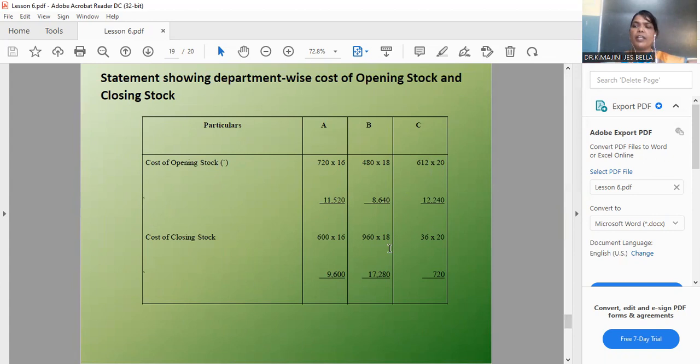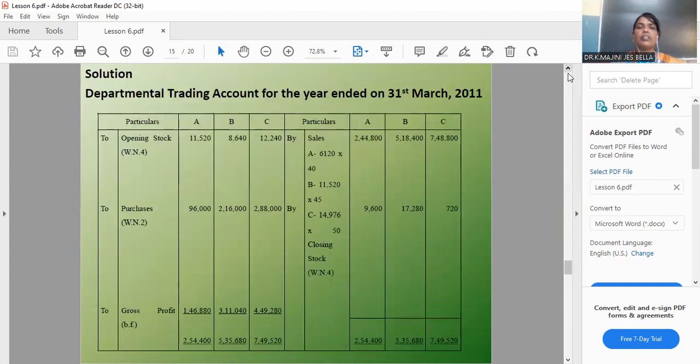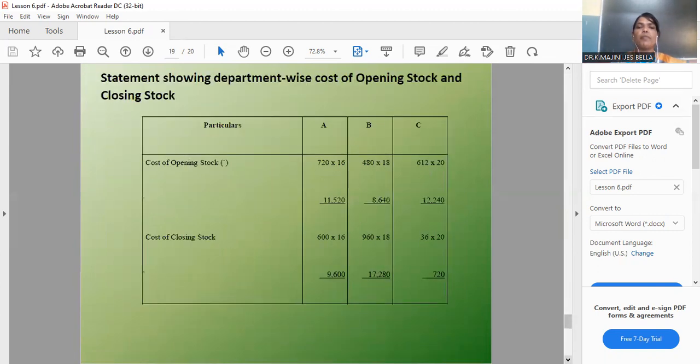Then department B, 960 into 18. How much is the amount? 17,280. You can write here 17,280. Then you should come for the department C. Department C, how much? 36 units alone the closing stock.